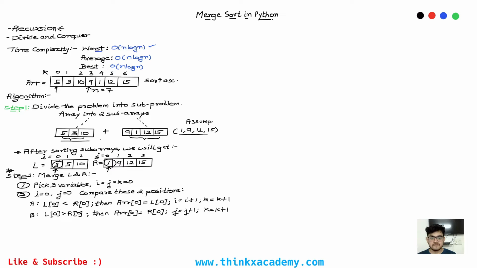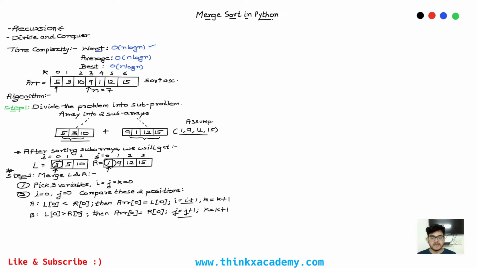So here you can see array of kth position, k is 0, so array of 0th position will become L of 0. And since we have actually appended this variable, now we will increment the value of j, or similarly we can increment the value of i also.